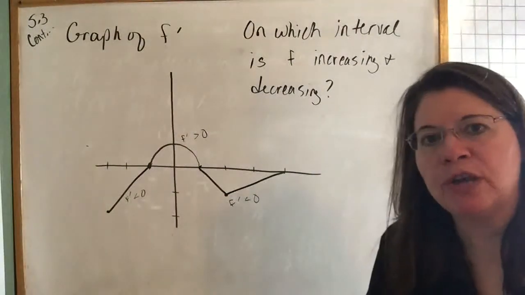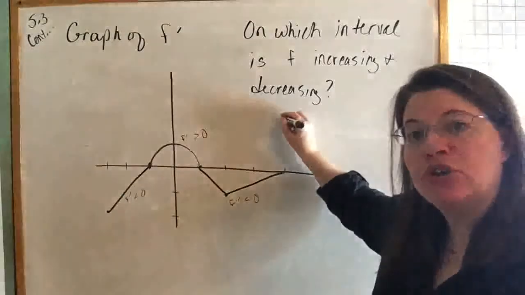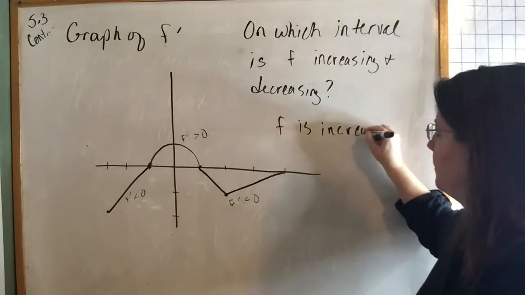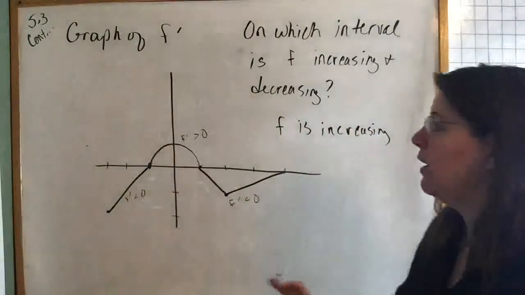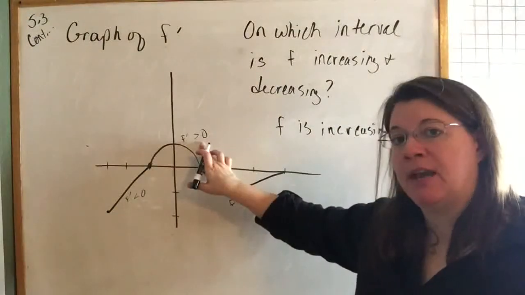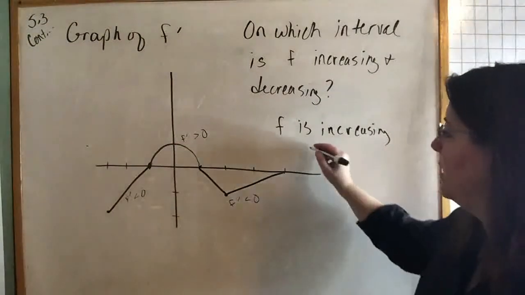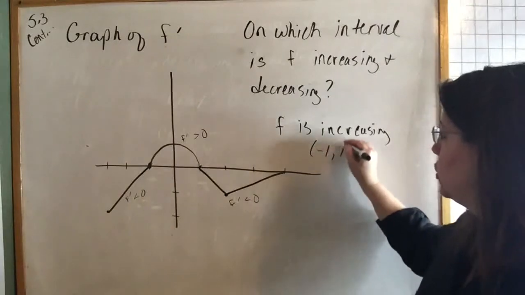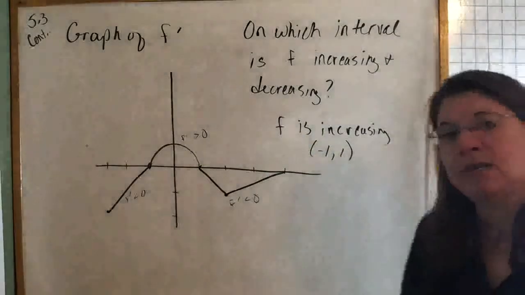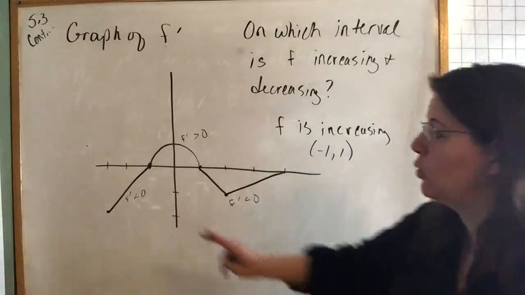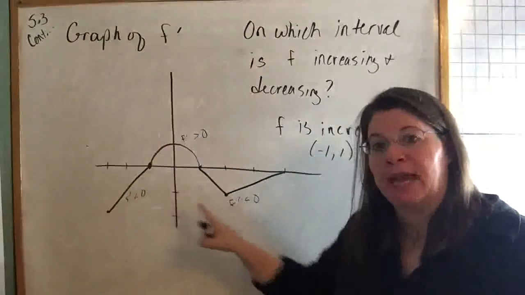So if we want to justify this, we can say the function f is increasing anywhere f prime is above the x-axis. So we see that f prime is above the x-axis on the open interval from -1 to 1. If we want to state where f is decreasing, then all we have to do is look where f prime is below the x-axis.